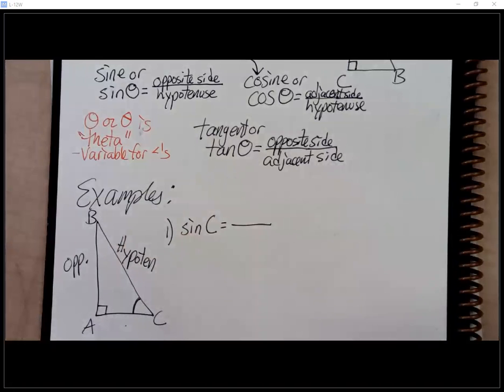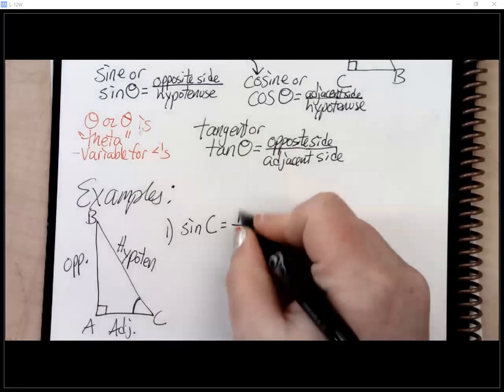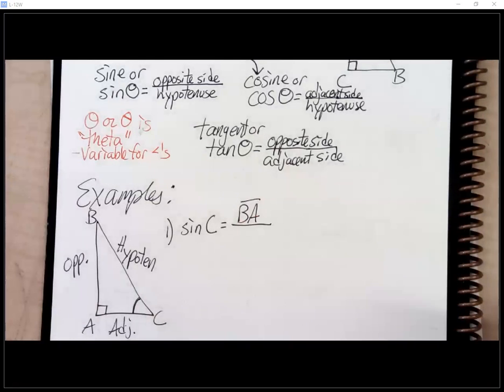Right next to, yeah. So there's always going to be two sides right next to the angle, but one of them is always going to be the hypotenuse. So the other one that's right next to that angle, we refer to as the adjacent side. So if I wanted to complete this ratio, the sine of angle C is just going to be the opposite side, which in this case is BA, over the hypotenuse, which is BC.